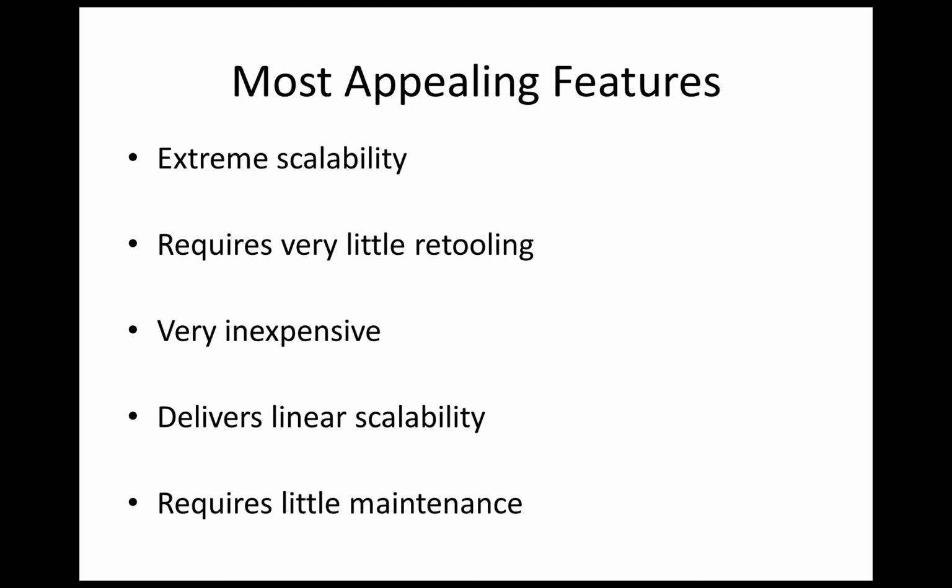And so thereby only paying for the hours that you use for the system. And then it delivers linear scalability, as you've seen from the POC. And then finally, it requires little maintenance, so almost minimal to no DBA involvement because all the low-level maintenance is taken care of by the system behind the scenes. Now you do have design and other considerations, but the low-level maintenance you don't have to worry about.